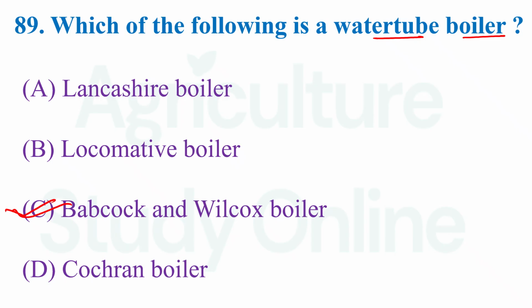Whereas this Lancashire boiler, it's a fire tube boiler. Locomotive boiler, it is also a fire tube boiler. And Cochran boiler, it is also a fire tube boiler. So the correct option will be option number C.